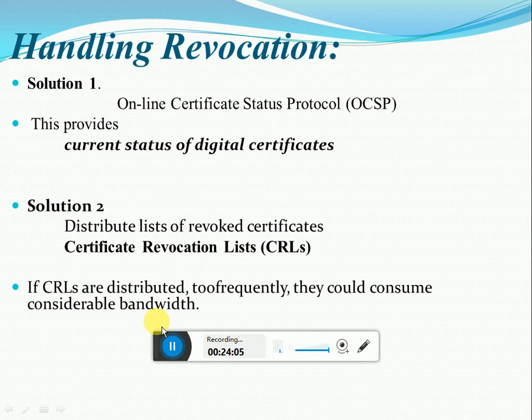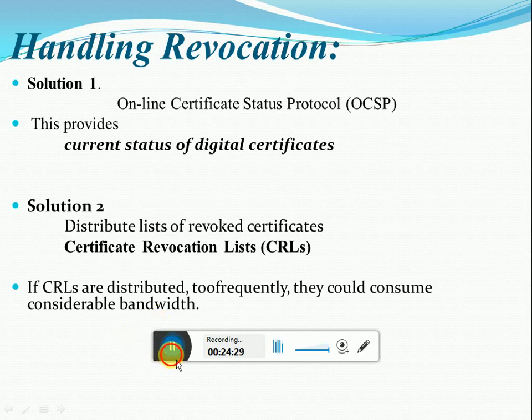For this purpose, a protocol called Online Certificate Status Protocol, OCSP, is used. This nullifies the principal advantage of digital certificates in the first place, that is, the need for an online public key information facility.